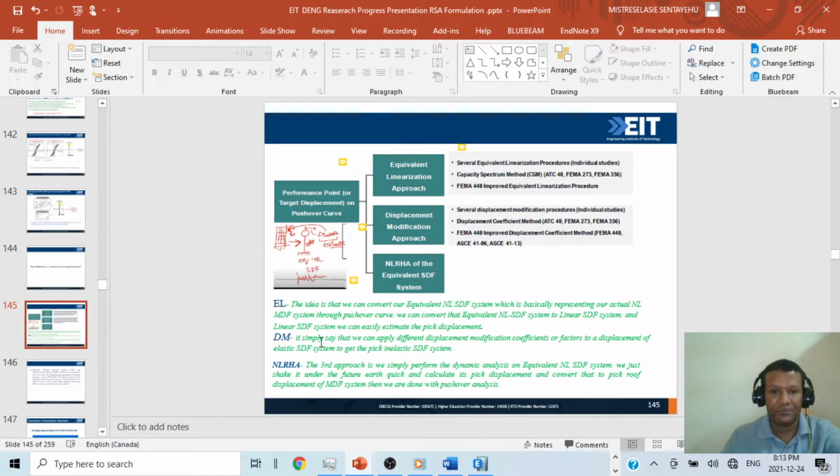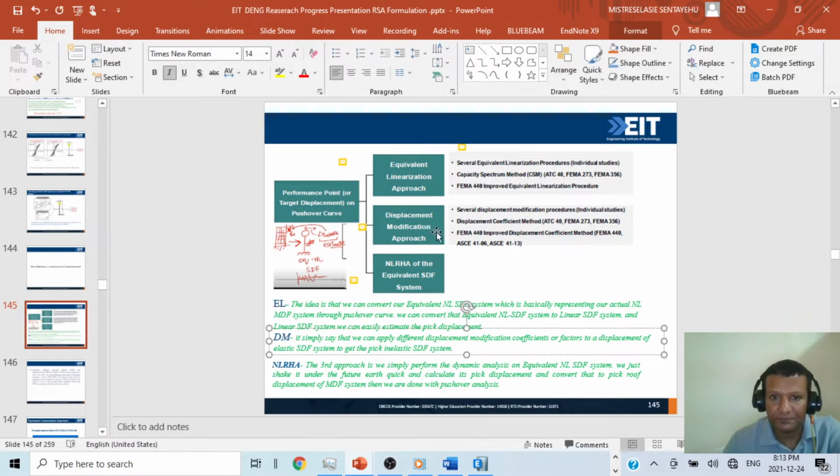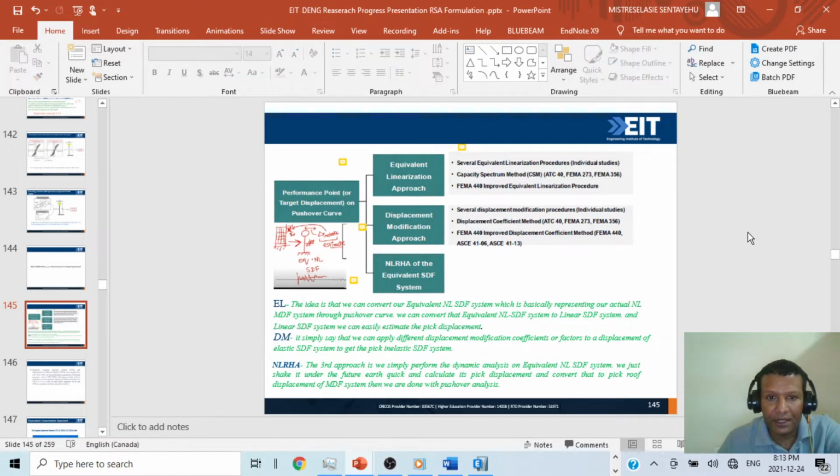That is the idea. The displacement modification approach simply says that we can apply different displacement modification coefficients or factors to the displacement of an elastic single degree of freedom system. So once we convert from a non-linear system to a linear system and find the displacement, we apply different coefficients.